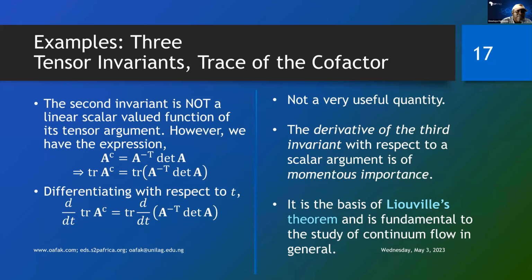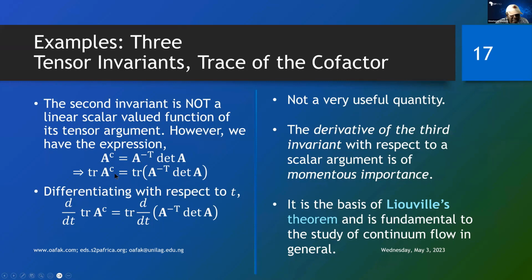More on invariance. The second invariant is not a linear function. It's not a linear scalar valued function of a tensor argument. However, we have the expression A cofactor of A is simply A transpose determinant of A for a tensor that has an inverse.